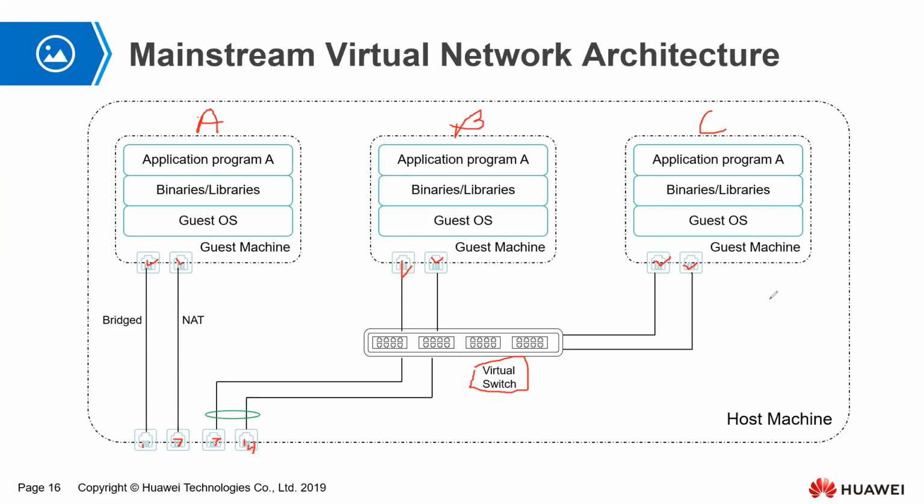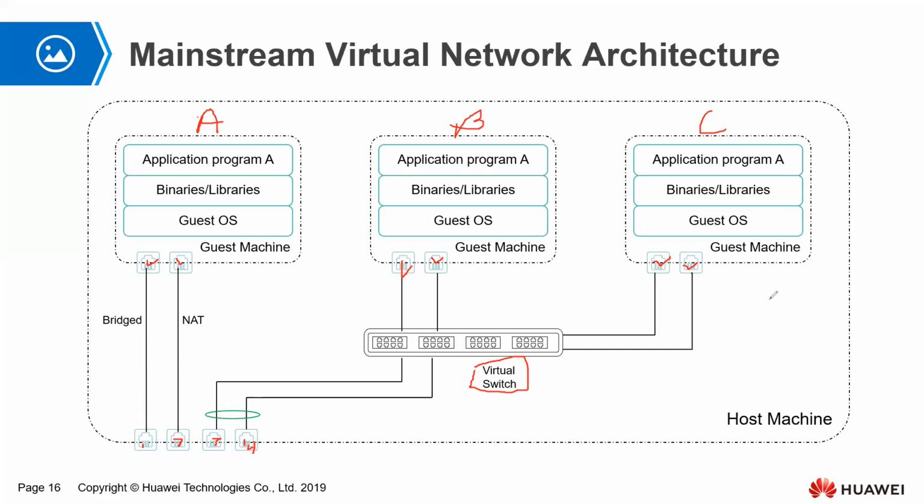And we have our guest operating system, and we have our libraries and applications and so on and so forth. So common virtualization systems usually use that kind of architecture, whether it is small or personal.